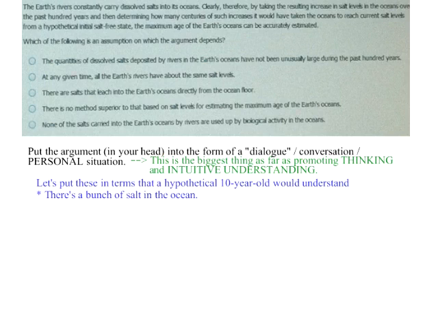Let's give the speaker a name. Let's say the speaker's name is Chris. Chris tells us, here's how you can find the age of the oceans: you can just look at the past 100 years.